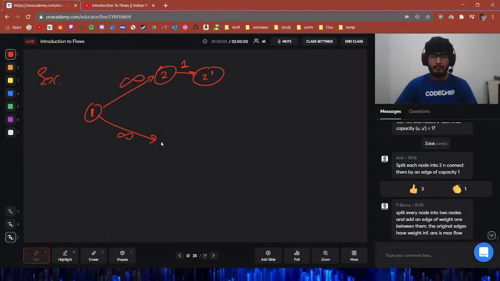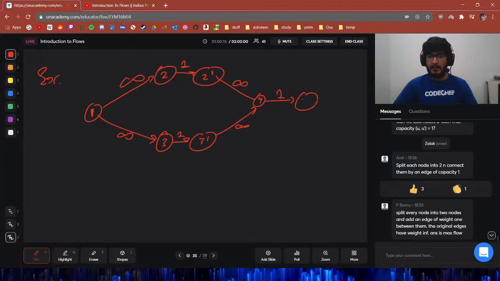Similarly below 3, and I'm going to connect them with a capacity 1. 4, infinity, infinity over here. I'm going to connect this with a capacity 1 to 4 dash. Now going down, two edges of infinity size, one connected to 5, one connected to 6. 5 is connected to 5 dash with a capacity of 1. 6 is connected to 6 dash with a capacity of 1.